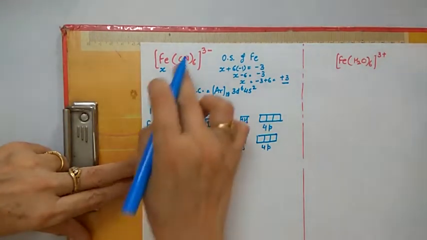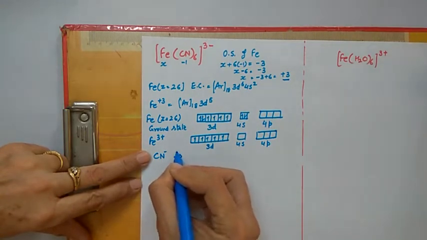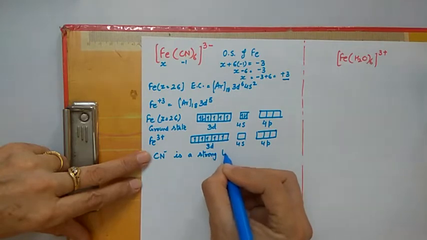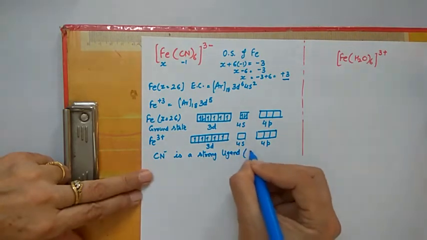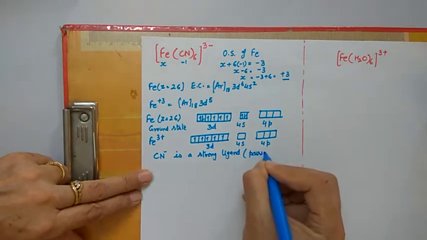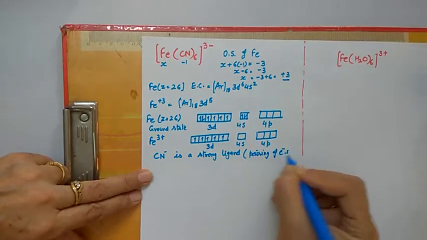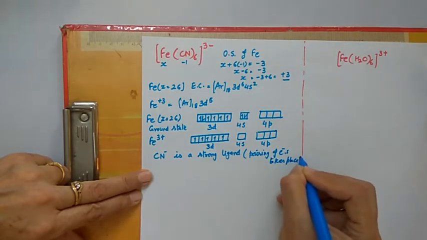Next step is the type of ligand. Now CN- is a strong ligand, right? In a strong ligand, what is there? Pairing of electrons takes place, right?